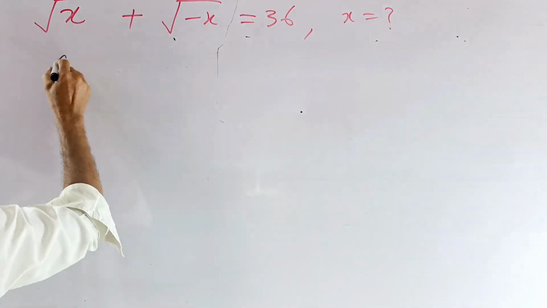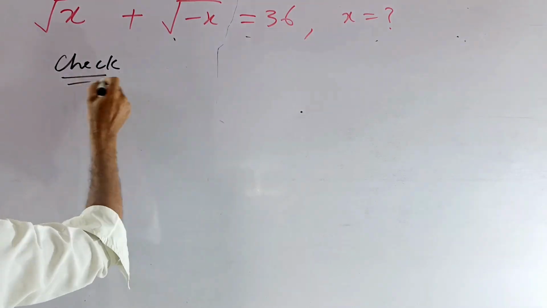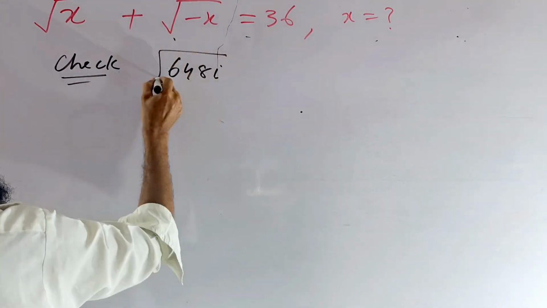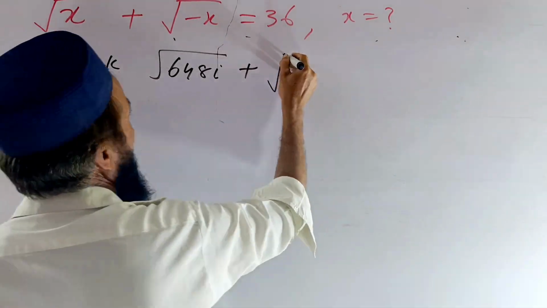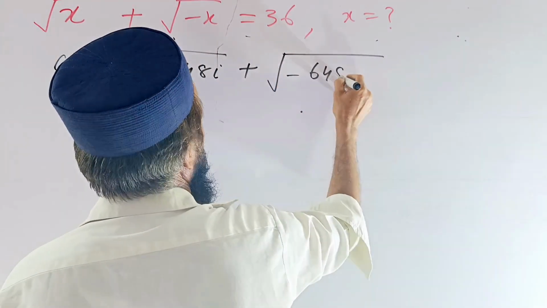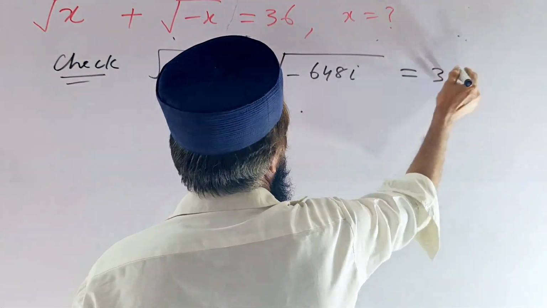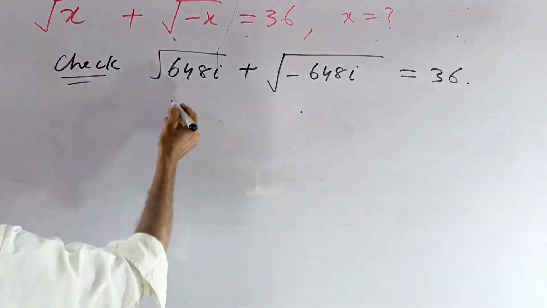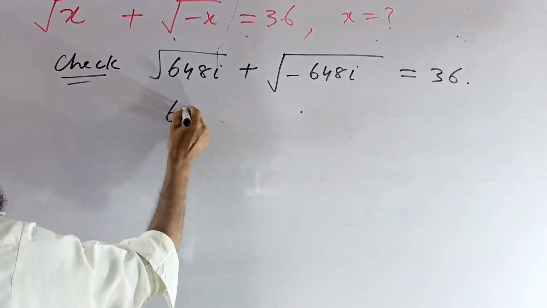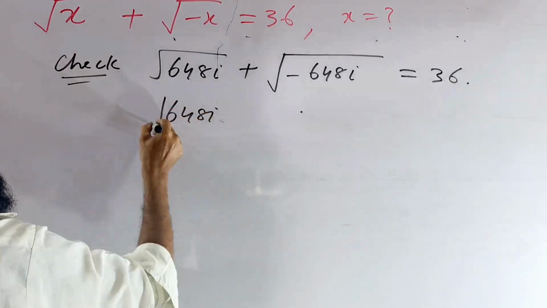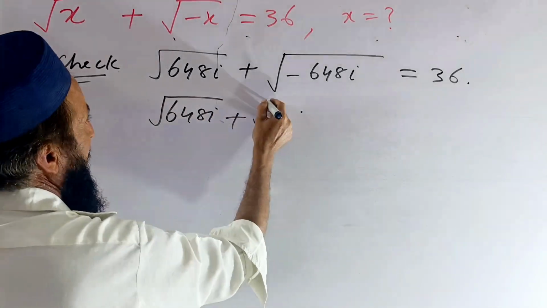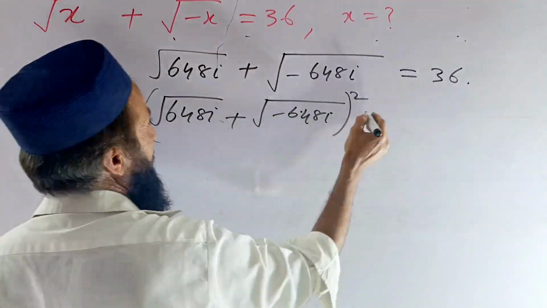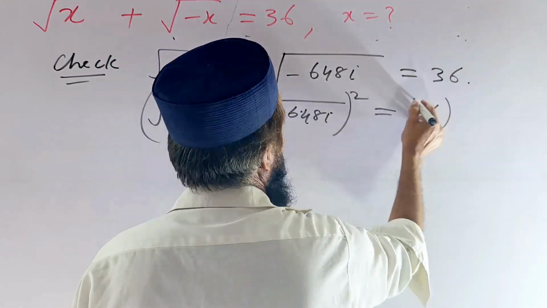Now we want to check. In place of x we put 648 iota and minus 648 iota, and the equation should be equal to 36. Now we use a plus b, taking square on both sides: 648 iota plus minus 648 iota whole square is equal to 36 whole square.